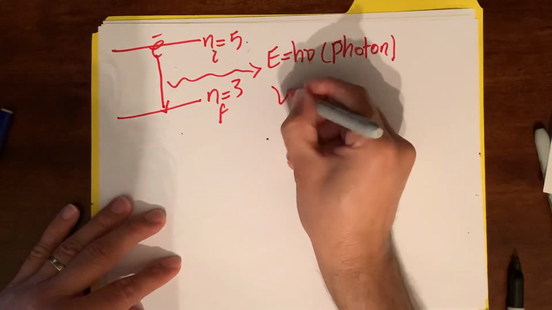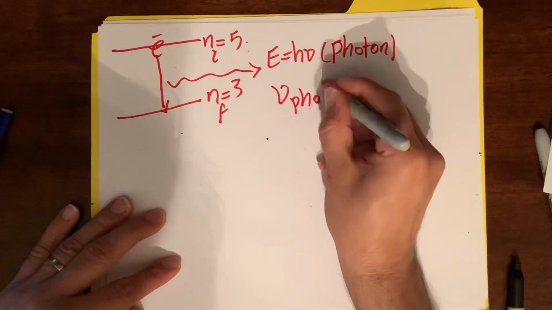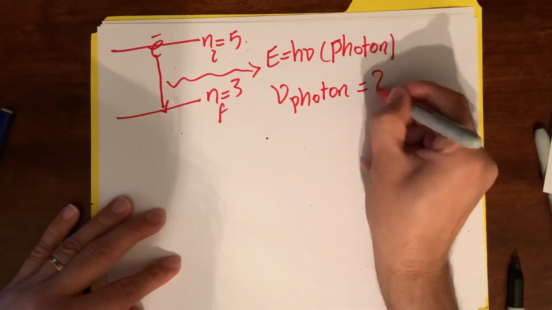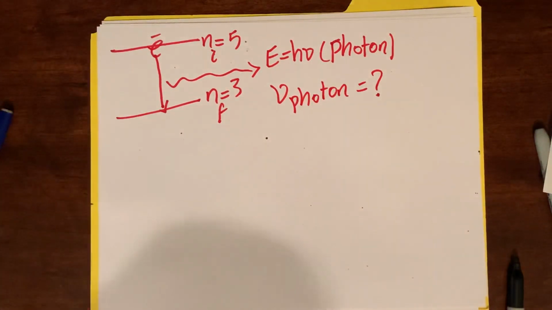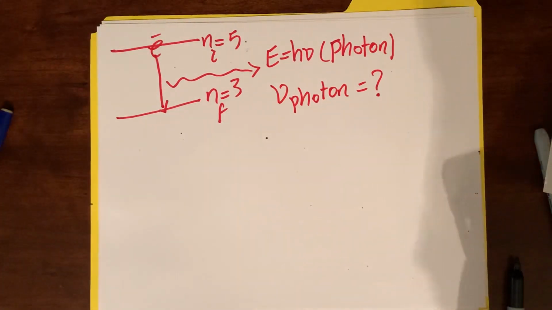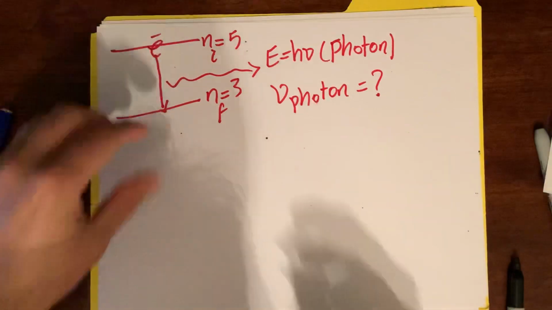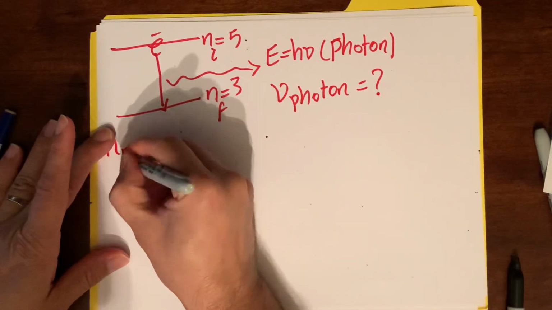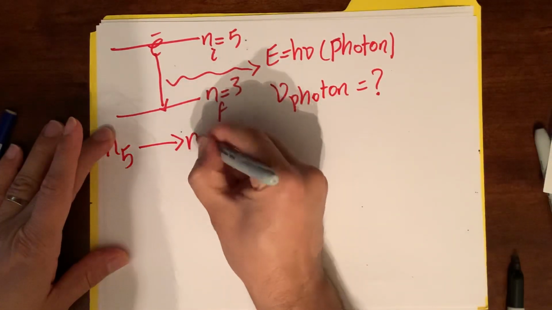Let's calculate the frequency of the photon. What's the frequency of this photon that was emitted by electron transfer from n equal 5 to n equal 3?